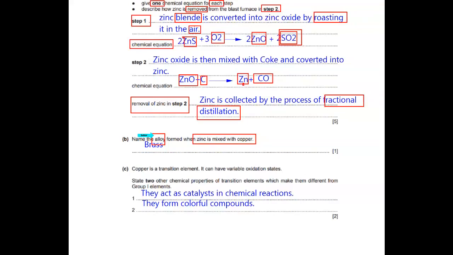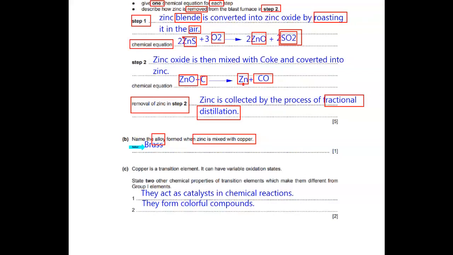So an alloy will be a mixture of 2 elements, and they are asking the name of the alloy that has zinc and copper in it. So the name of that alloy is brass. Okay, it's called brass, and if you need to be specific, it has 70% copper and 30% zinc. All right, but we won't go into the details.